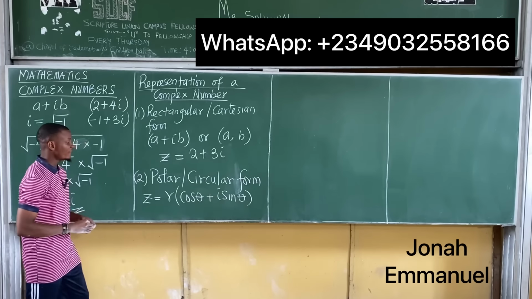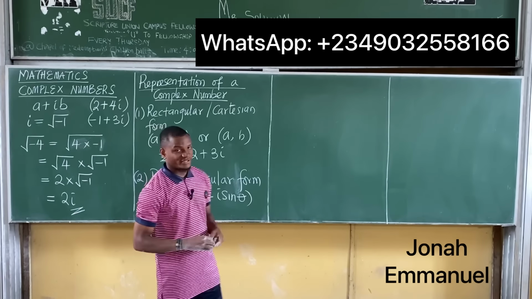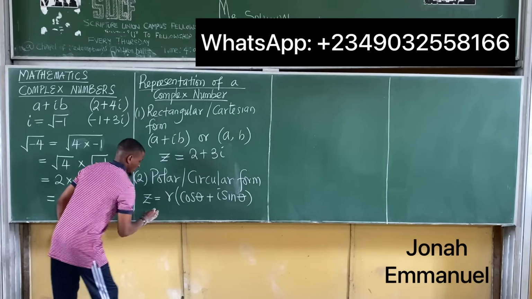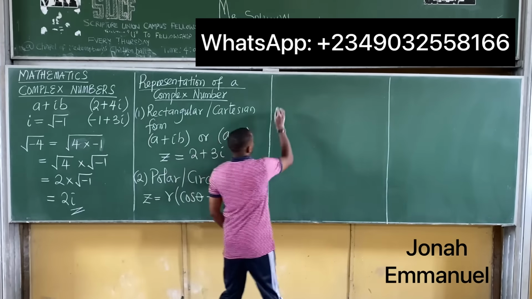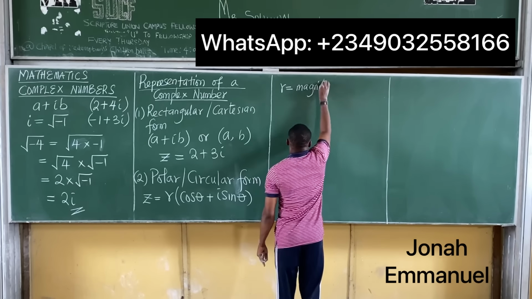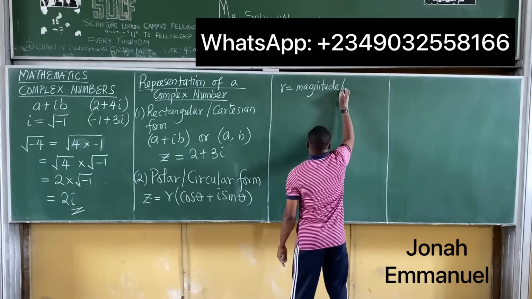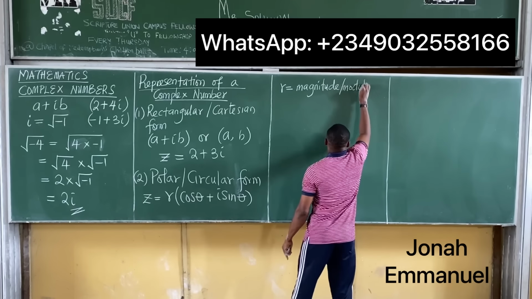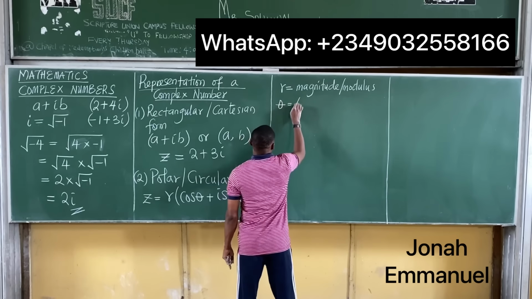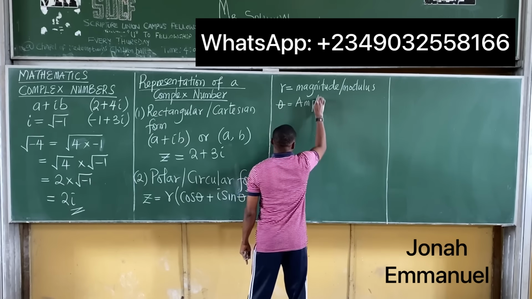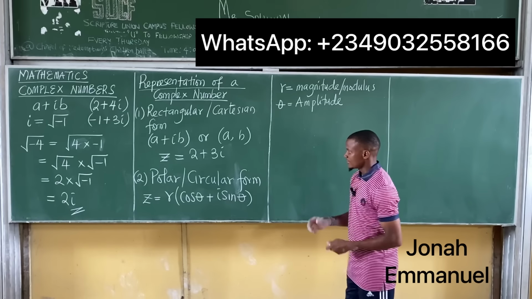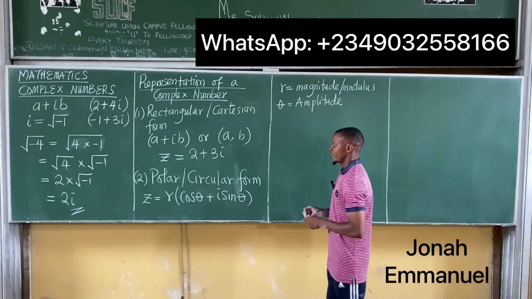This is called the polar form or circular form representation of a complex number, where r is called the magnitude or the modulus of the complex number, and theta is called the amplitude or the angle of the complex number. So this is the second form of representing complex numbers.